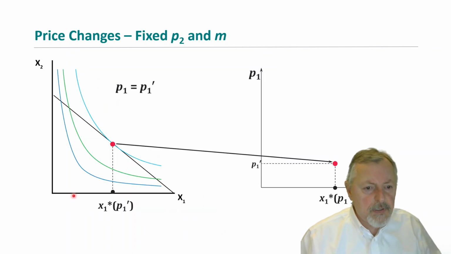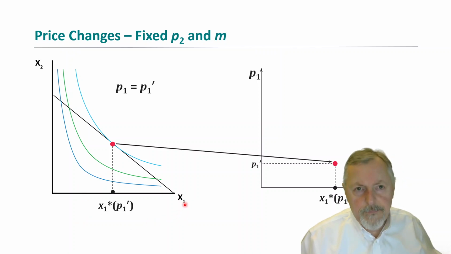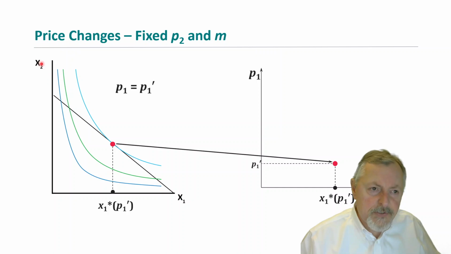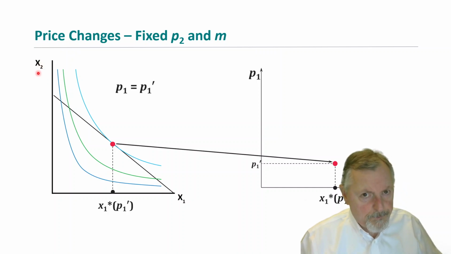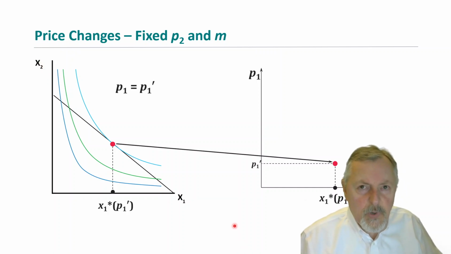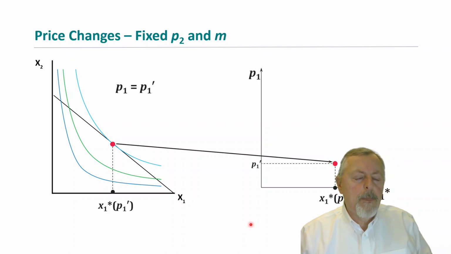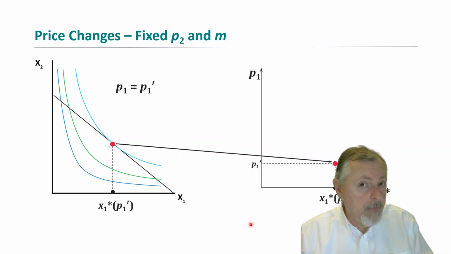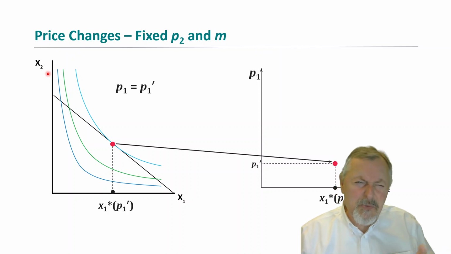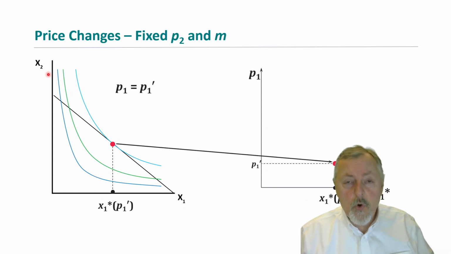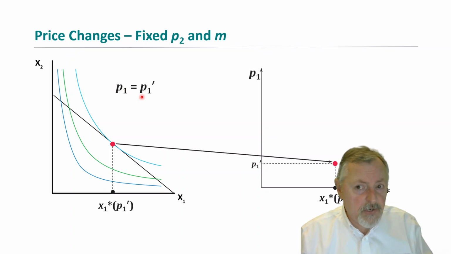This graph on the left plots quantity of thing 1 against quantity of thing 2. But that's not the only way we can graph this. Because we're keeping income and the price of commodity 2 fixed, let's say we're only interested in commodity 1 and how consumption of commodity 1 changes as we swing through all these different prices of commodity 1, as P1 changes.